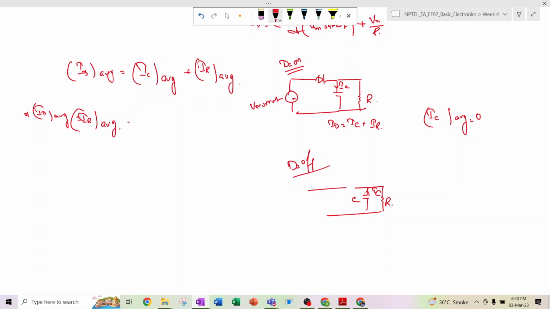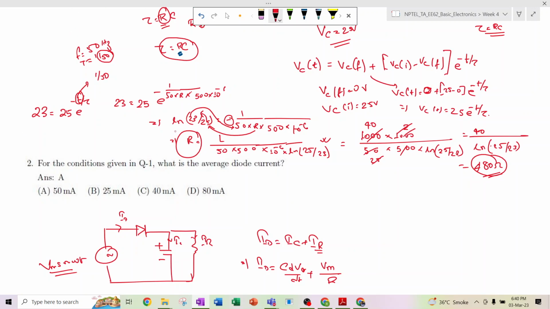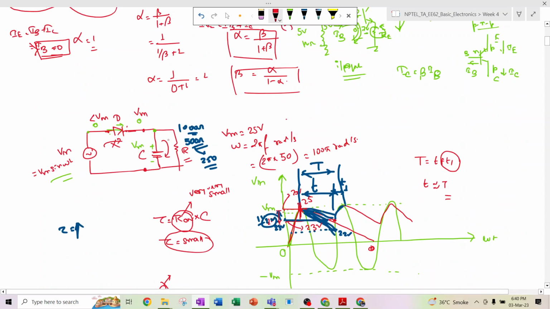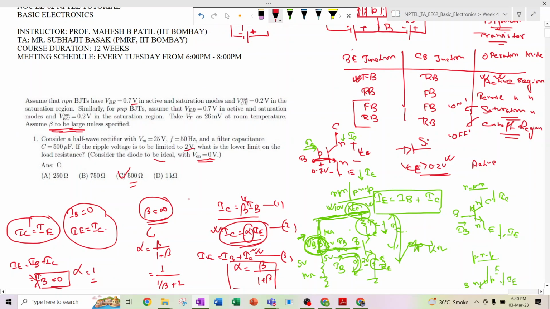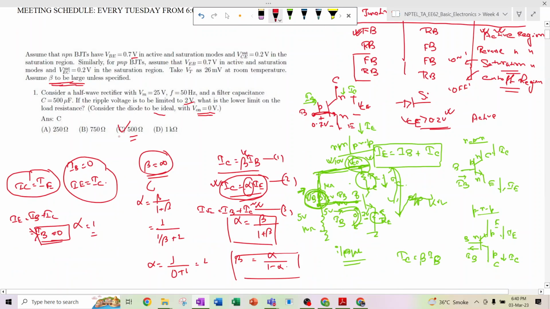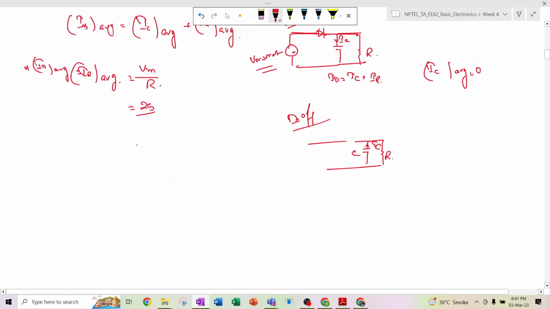So IR average value is nothing but Vm appears over here, so it is nothing but Vm divided by R, and Vm is 25 volt, and this R resistance that we found out is 500 ohm, right?